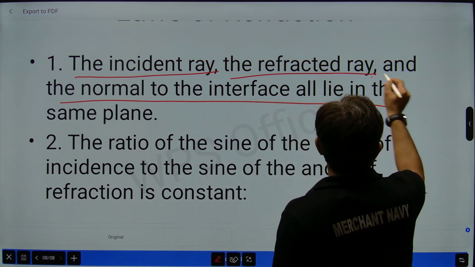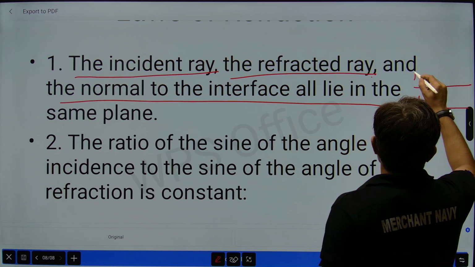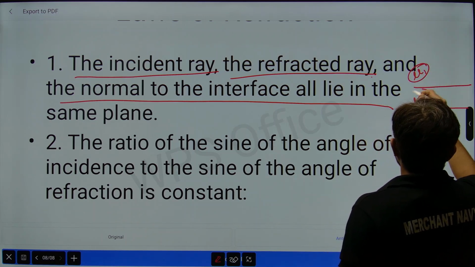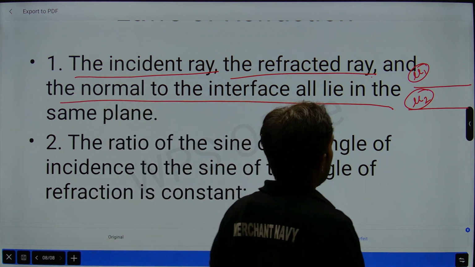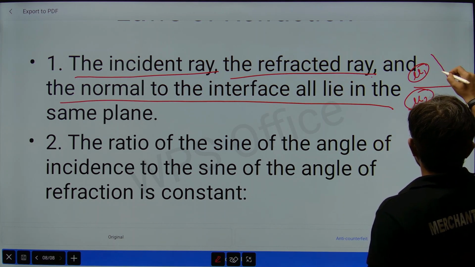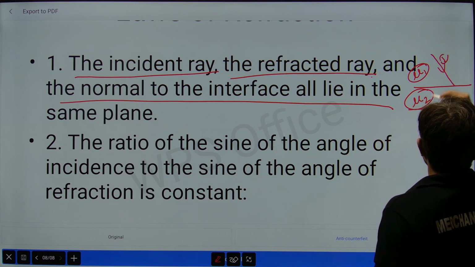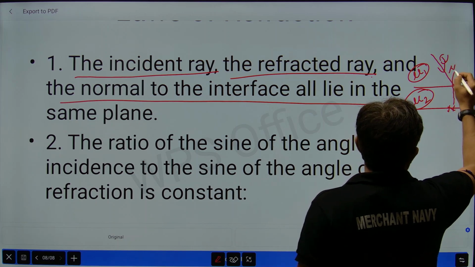Suppose that this is medium second and this is medium first. So, this ray is known as what? Incident ray. This is known as what? Normal.